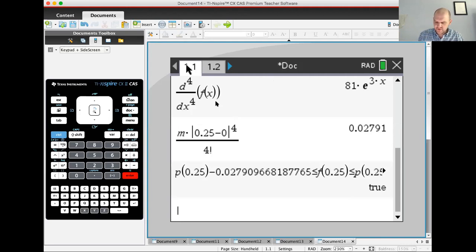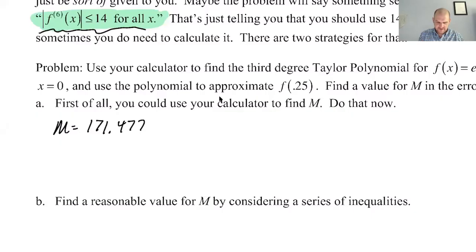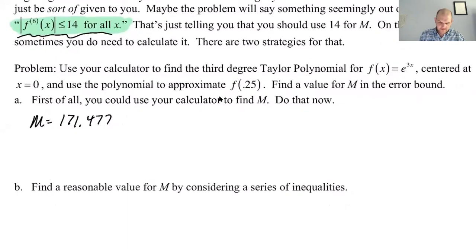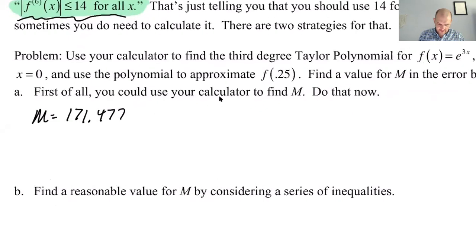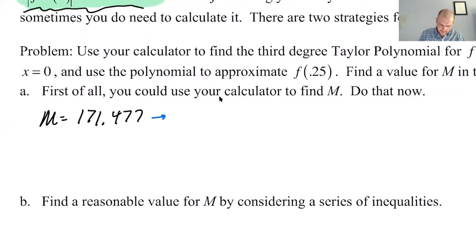Let me explain more of what I did, just because I know this is a lot. You might honestly have to watch this more than once, because in class, people tend to have a lot of questions about this. So here, M is the maximum of the 4th derivative, the absolute value, technically the absolute maximum of the absolute value.